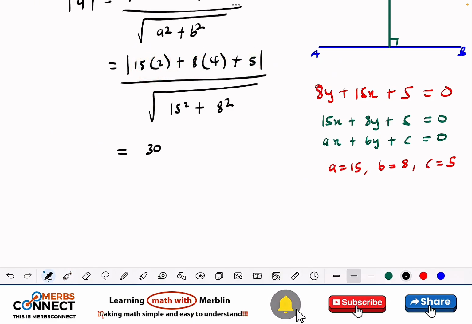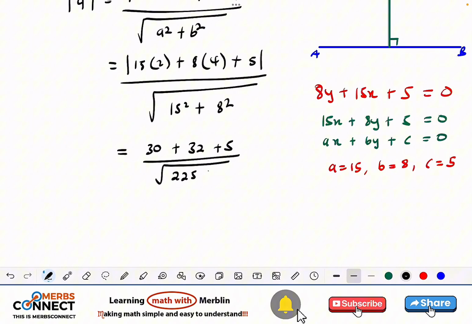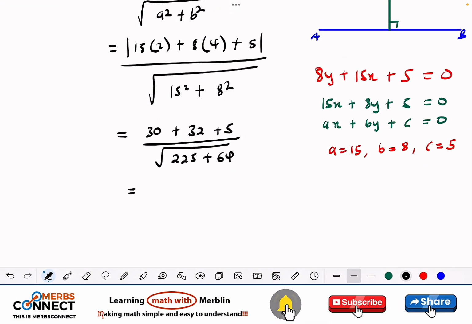15 times 2 is 30. 8 times 4 should be 32, plus 5. Now 15 squared should be 225. 8 squared should be 64. And then what do we have here? This should be 67 or so, because 15 times 2 is 30, and this is 32, plus 5.